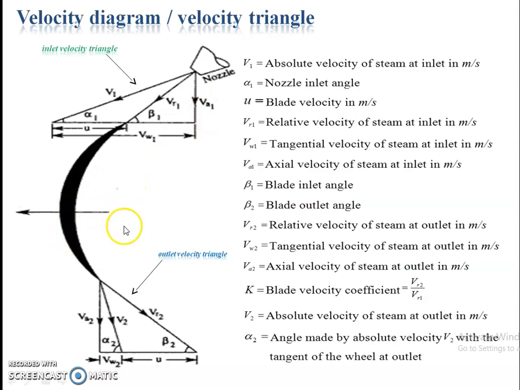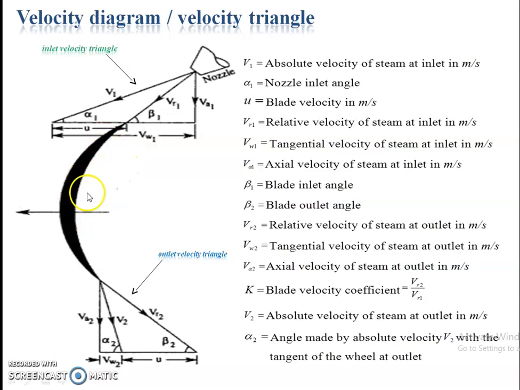As the blade moves, the entering steam jet has a relative velocity VR1. With respect to the blade, the angle is beta 1. The inlet angle is alpha 1, and the blade angle is beta 1.